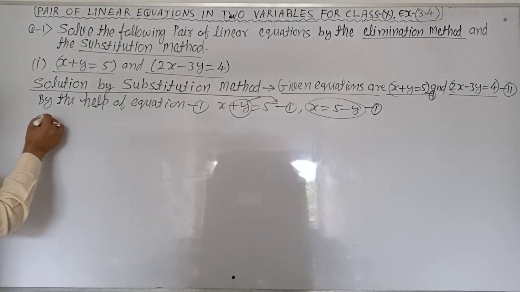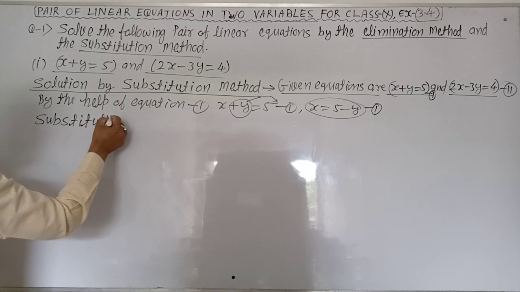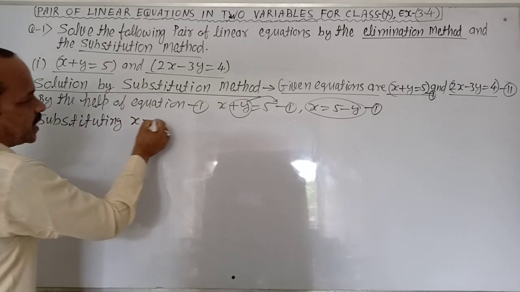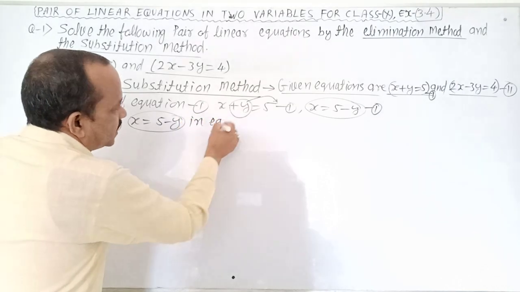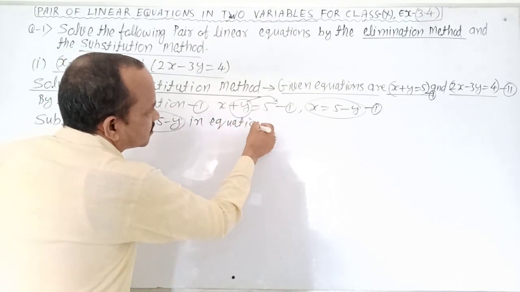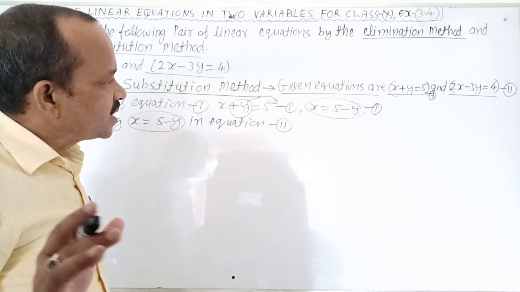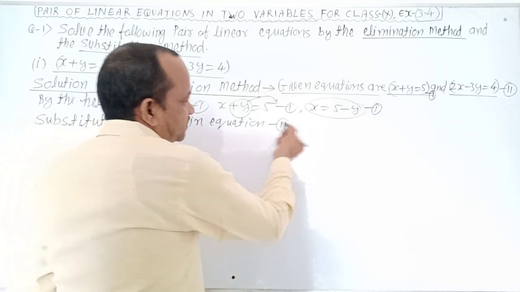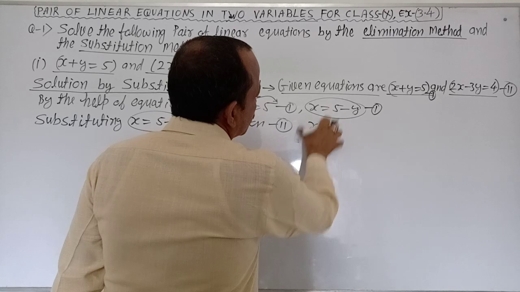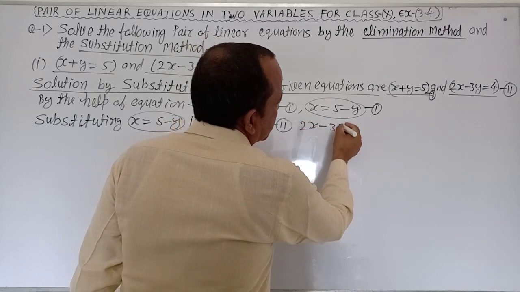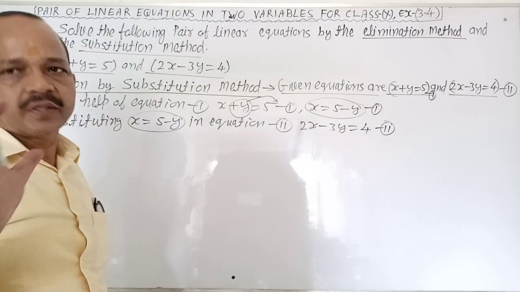Substituting x equal to 5 minus y in equation second. Clear? Equation second is 2x minus 3y equal to 4. It is equation second.